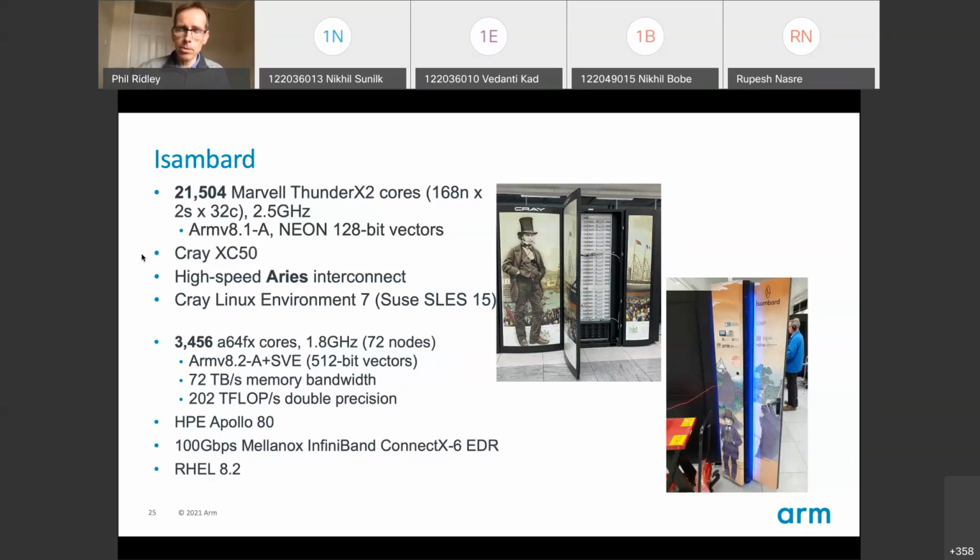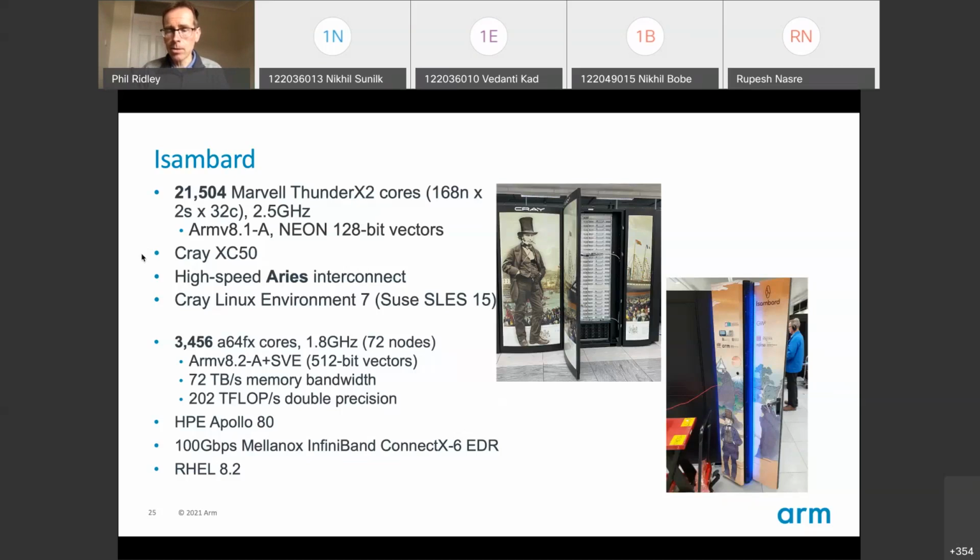So there was one which came about 3 years ago, which was based on the Marvell ThunderX2 processor design. That's in the system at Sandia and in France at the CEA. But the difference here with Isambard is that it was sold as a Cray XC50 system. So a Cray XC50 supercomputer with Cray's own Aries interconnect.